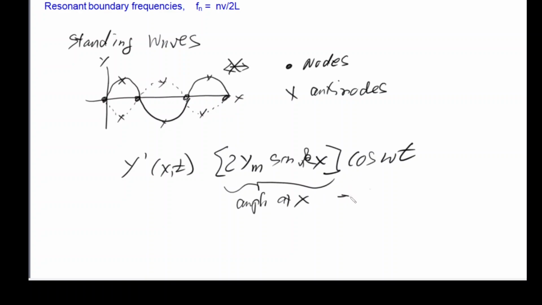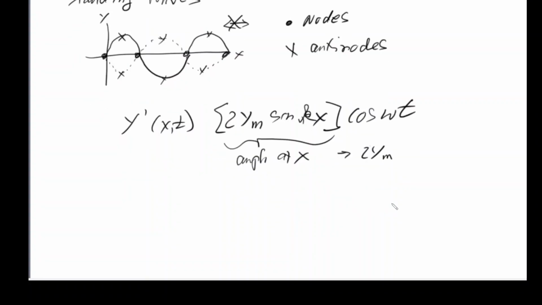And the maximum is 2ym. Again, I'd like to point out that we've been using the sine function. You can also use the cosine function in a wave equation, and this would come out to be 2ym sine kx times sine omega t. But we've been using the sine function, so we'll stick with this form of the equation.